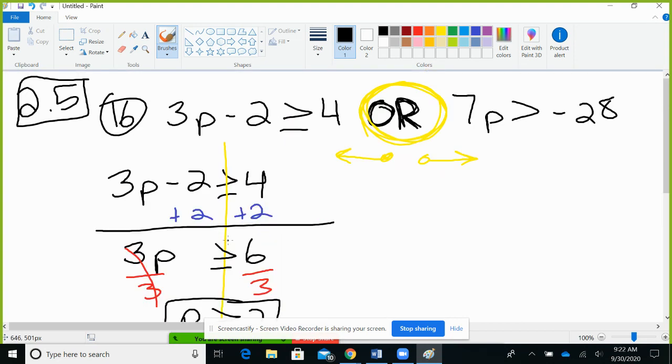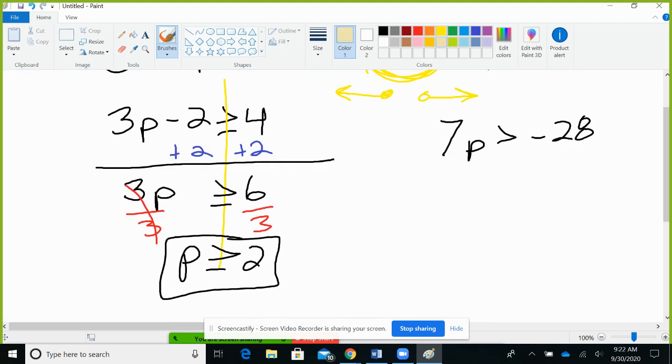But since this was a compound inequality, we still have 7p is greater than negative 28. So 7p is greater than negative 28. Canyon, what's my first step here?